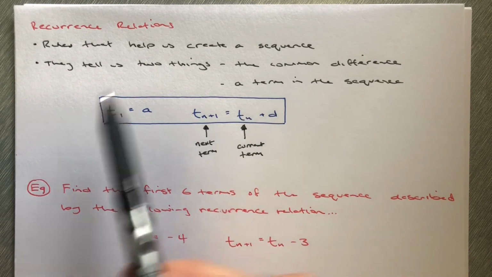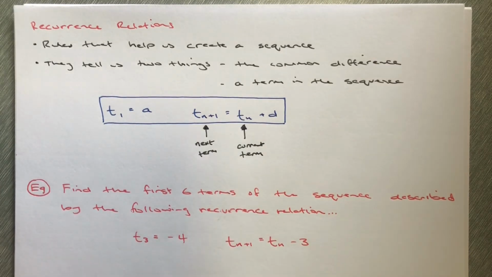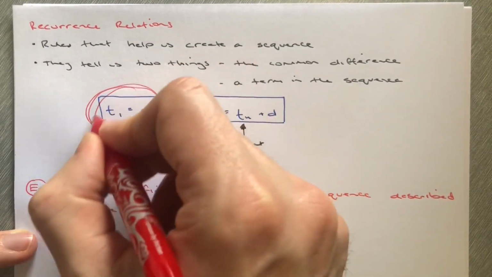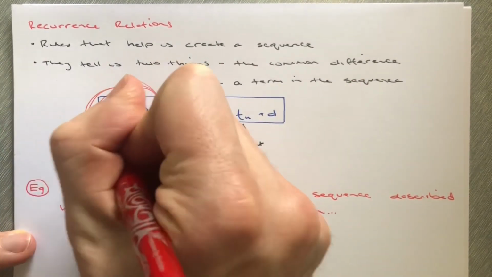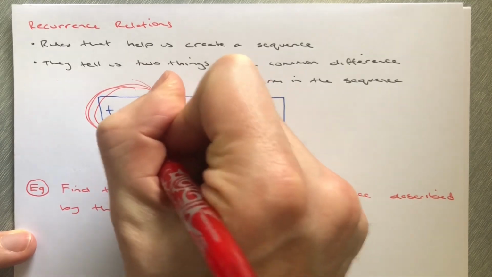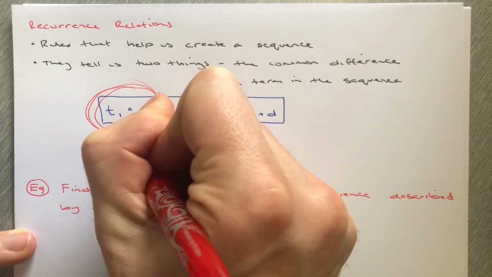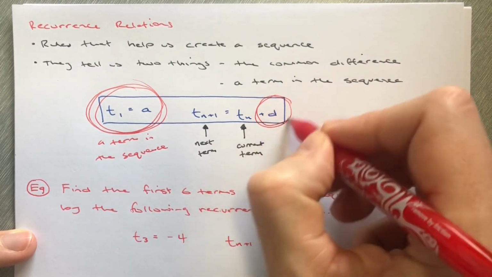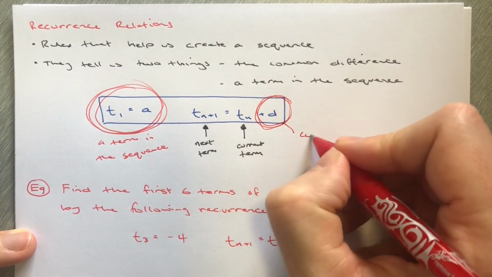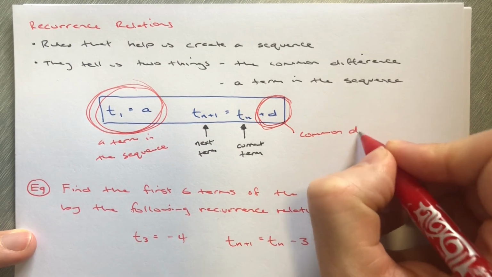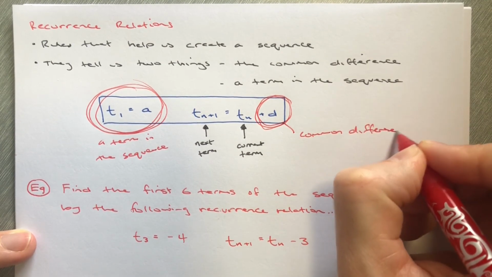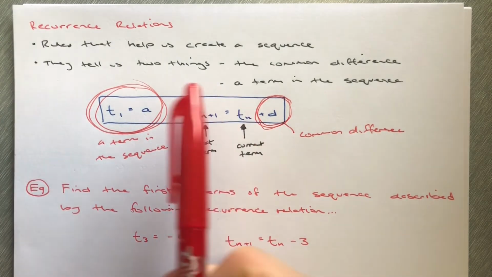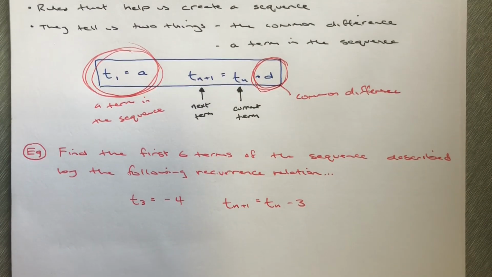So the main things that this is telling us are this bit here, which is a term in the sequence, and the other really important part is this bit here, which is the common difference. Okay. All right. Now let's actually use one of these recurrence relations in this next example here.